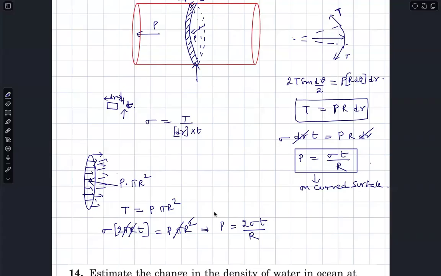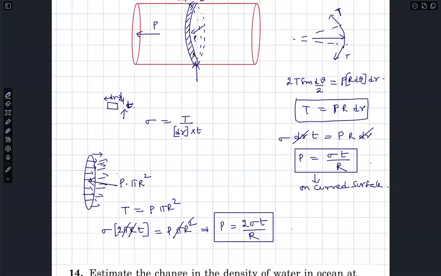So remember, as you increase pressure inside the cylinder, at this pressure, tearing off takes place at the base. At this pressure, tearing off takes place at the curved surface.